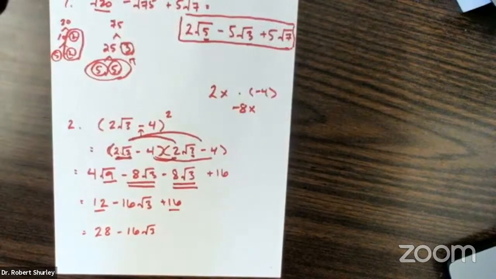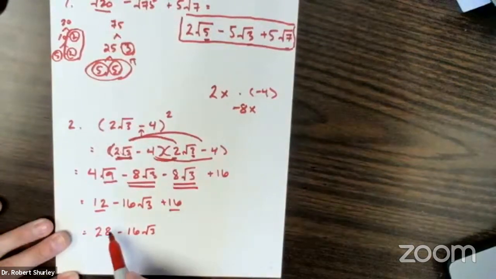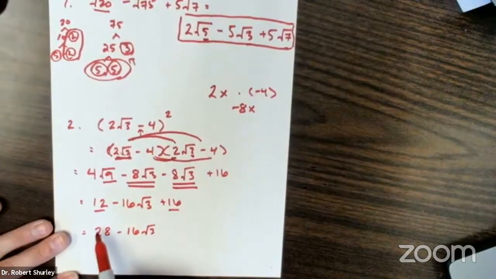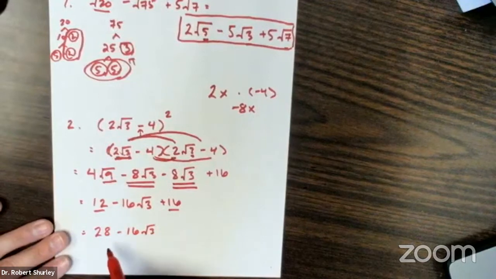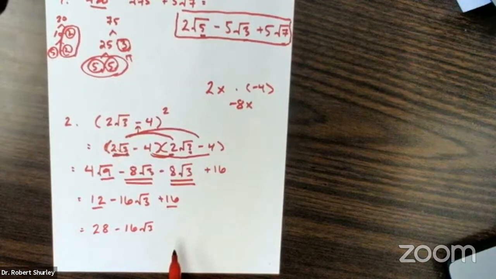Okay? And now look, our brains want to see 28 minus 16. I need to do that first. But look, this 16 is attached to a square root of 3. I cannot subtract these together because this 28 does not have a radical. And so our brains see 28 minus 16 and go, hey, that's 12, right?